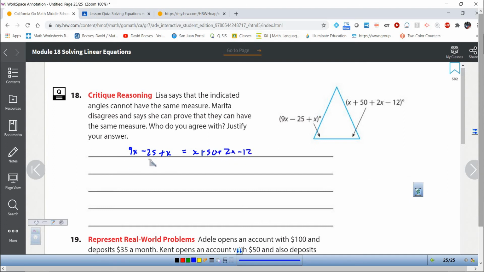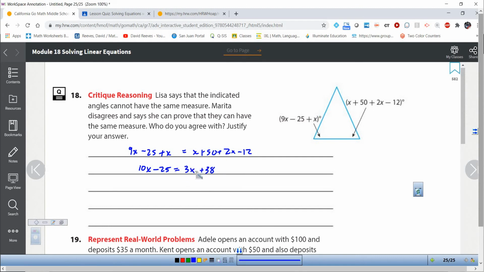Let's simplify. 9x plus x gives me 10x minus 25, is equal to x plus 2x, which is 3x, and 50 minus 12 is 38.